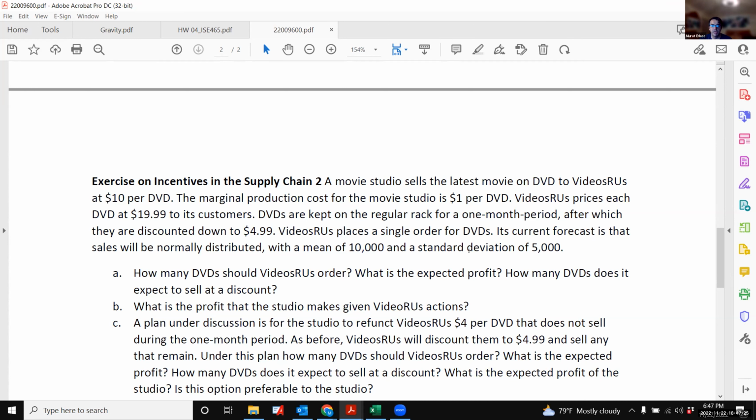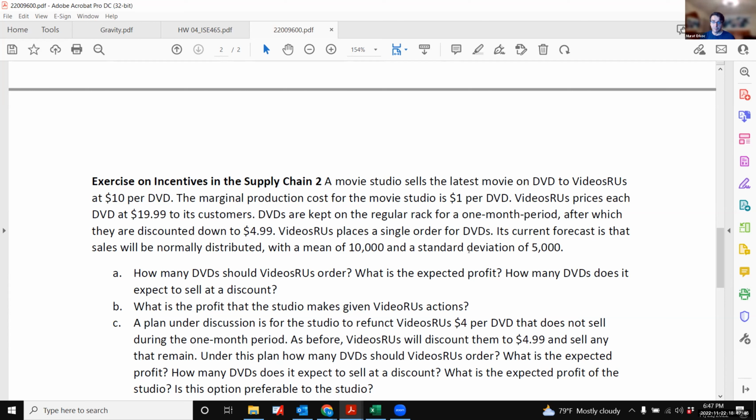Now, here I'm just looking back. They are sold not back to the movie studio, but discounted to $4.99, and the implicit assumption is that when you discount it to $4.99, they will sell for sure.